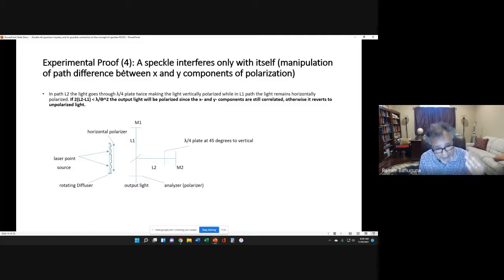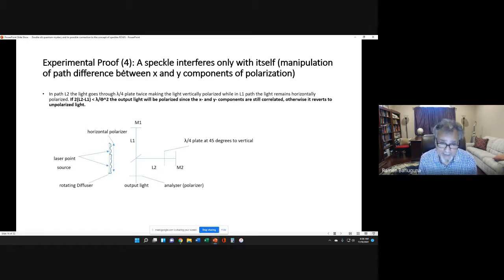So now in the output light, you have horizontal polarization coming from arm L1 and vertical polarization coming from arm L2. If the paths are very much the same, they combine together and give you polarized light. But if you have L2 greater than L1, then you do not get it.